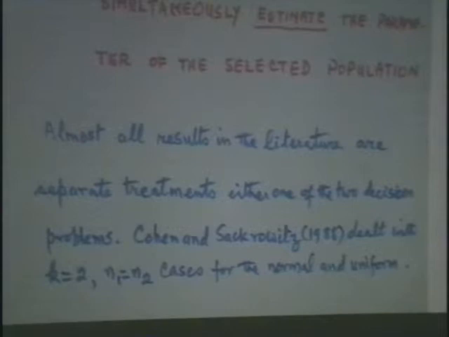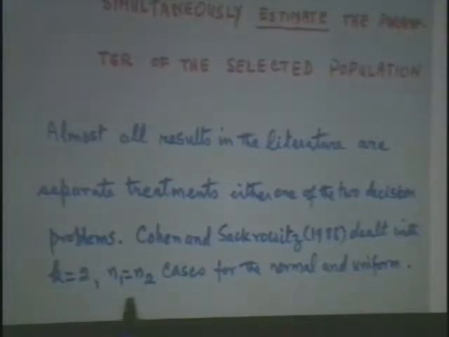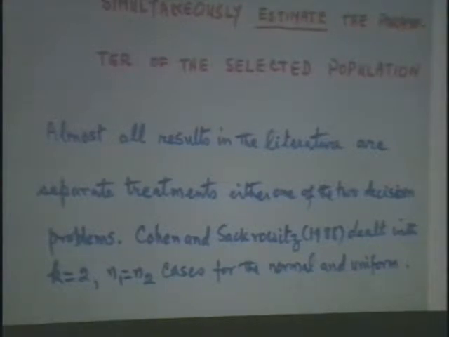A few years ago, about 2-3 years ago, Cohen, Sackrowitz, and also Esther Samuel-Cahn have done some work in which they have tried to combine these 2 situations. Cohen and Sackrowitz's paper, 1988, published in the Proceedings of the 4th Purdue Symposium, deals with the case of k equal to 2 and equal sample sizes for the case of normal and uniform populations.